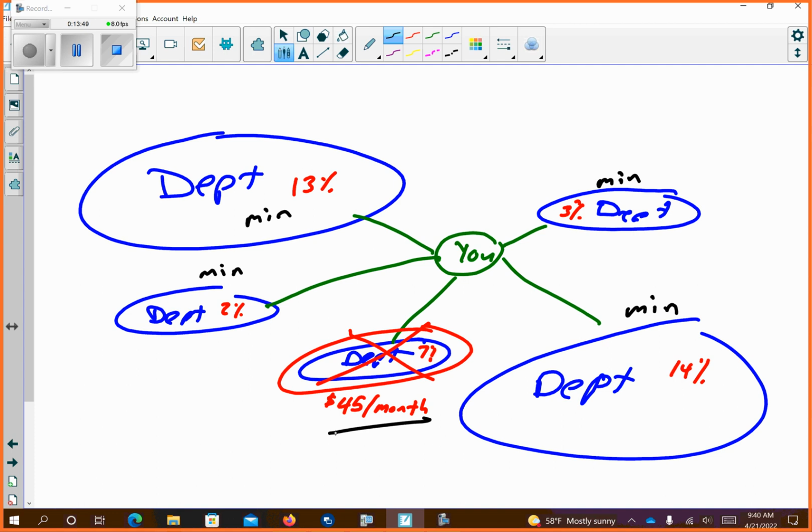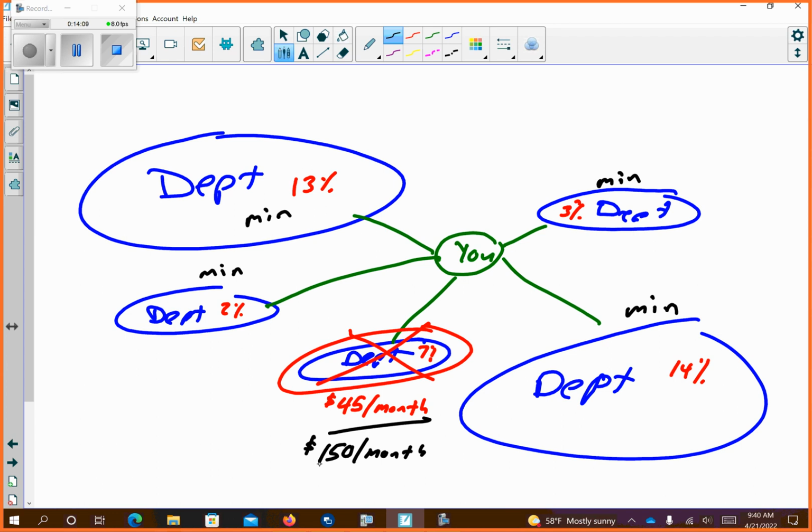But, so you go to pay this $45 a month. So let's say we're going to increase our payment, and we're going to get this up to $150 a month. Okay? We're about tripling our payment, a little bit more than tripling it. We're just finding money somehow.